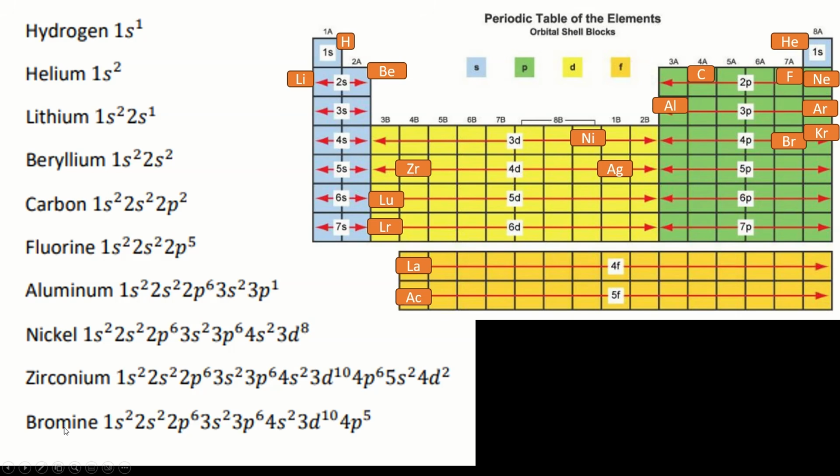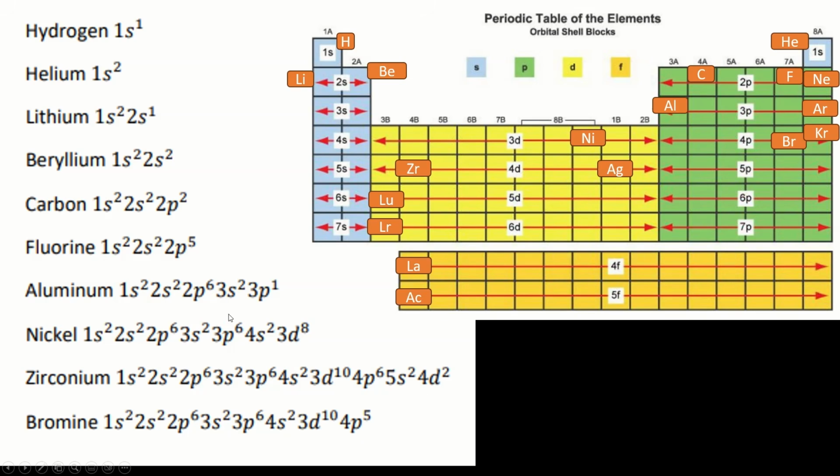And then bromine, to make it all the way there, we have to go through 1s², 2s², 2p⁶, 3s², 3p⁶, 4s², 3d¹⁰, and 4p⁵.